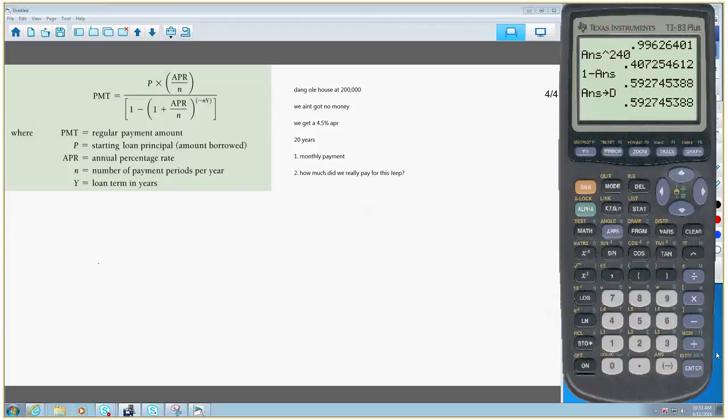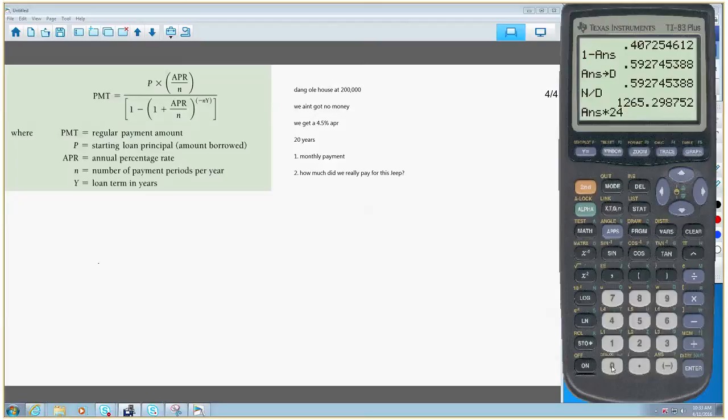And now we're going to take alpha N and divide by alpha D. 1265.30. That's the monthly payment. Y'all write that down so I don't forget. And how many payments do we got?